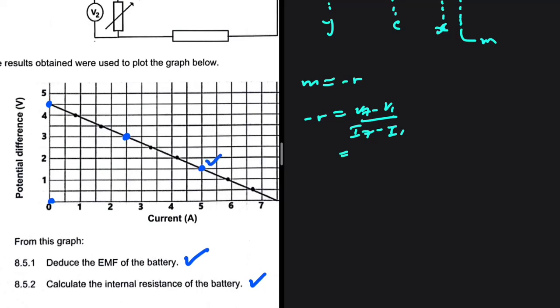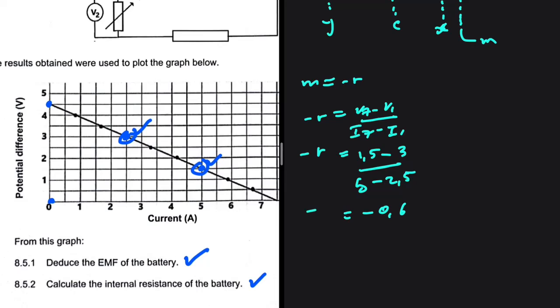So we have 1.5 volts minus this point, which is 3, divided by IF, that is 5, minus I initial, which is 2.5. This is equal to minus 0.6.